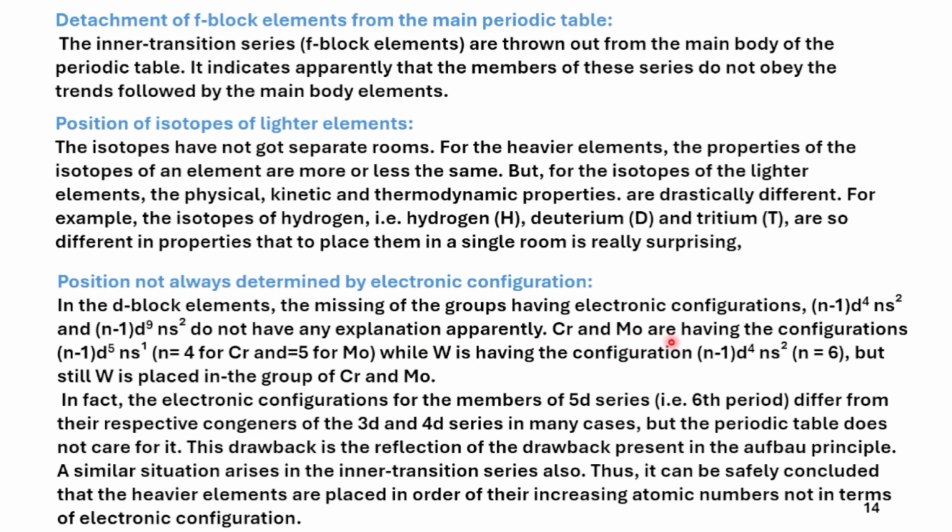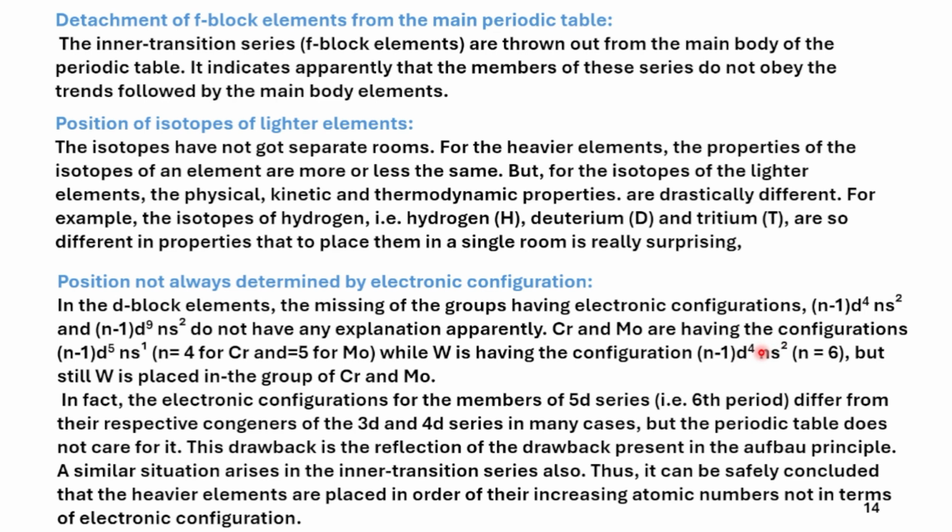Chromium and molybdenum have the configuration n-1 d5 ns1, as I was saying, half filled. Here D is half filled, while tungsten has the configuration n-1 d4 ns2. But still tungsten is placed in the group of chromium and molybdenum. So there is some discrepancy. Chromium and molybdenum do this half filled and full filled concept, but tungsten is comfortable in having this d4 configuration without attaining its half filled nature.